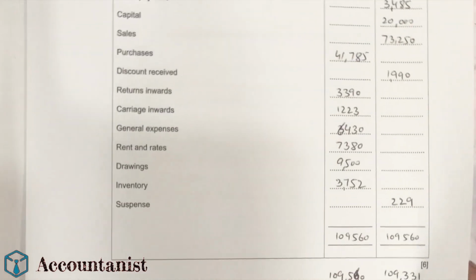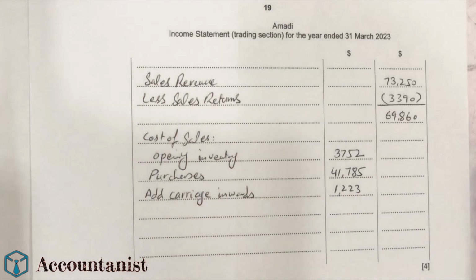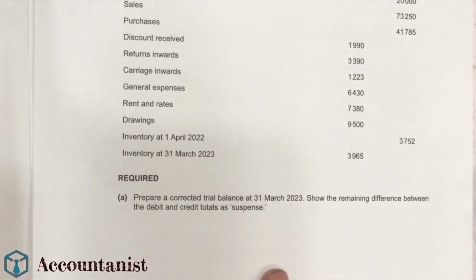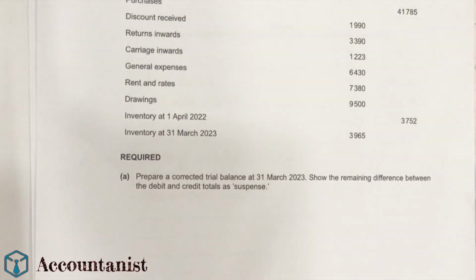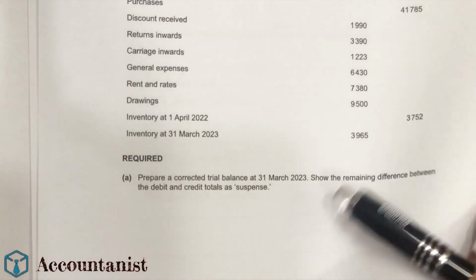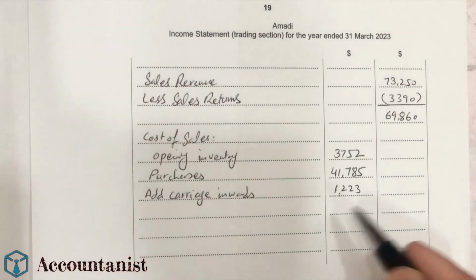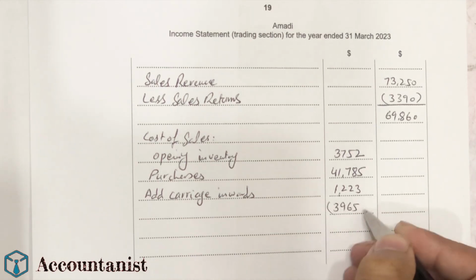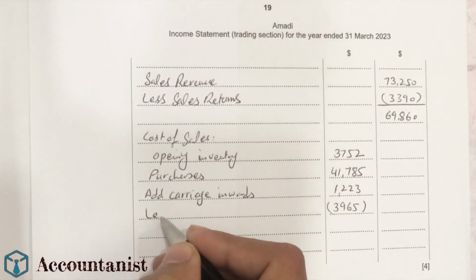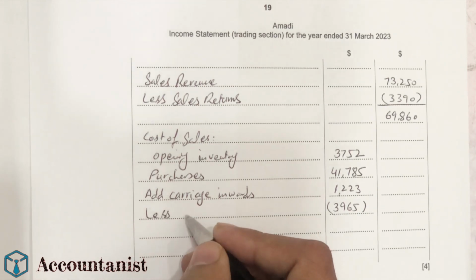Now the next thing is the closing inventory. We had the closing inventory in the question. So let me show you the closing inventory figure. It says here 3,965, as at 31st of March 2023. So 3,965 is going to be deducted, less closing inventory.